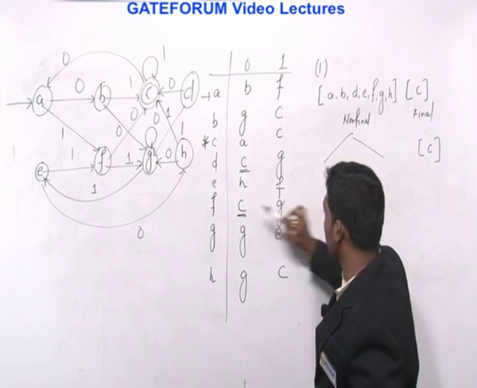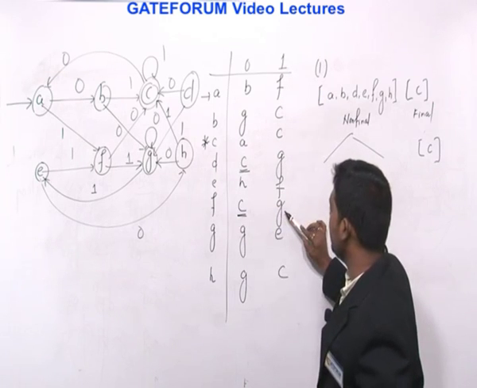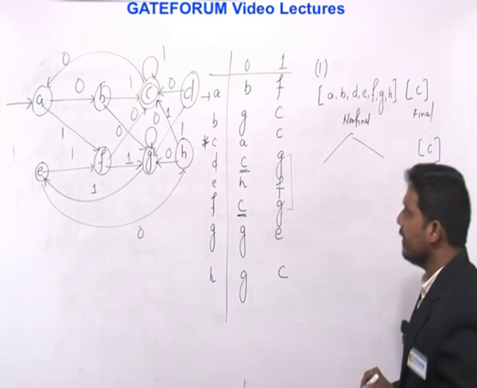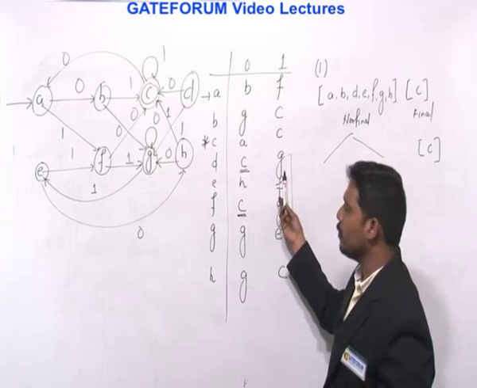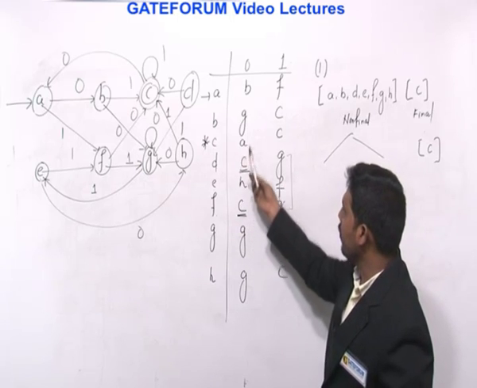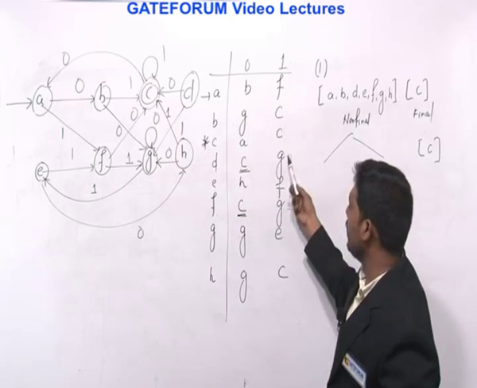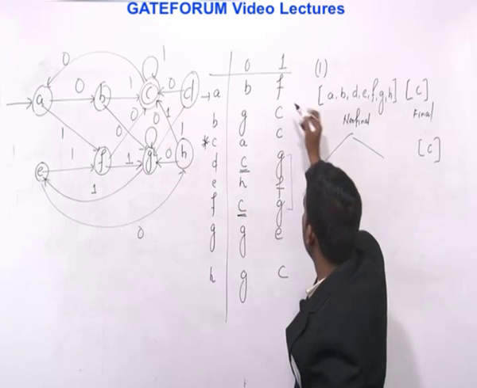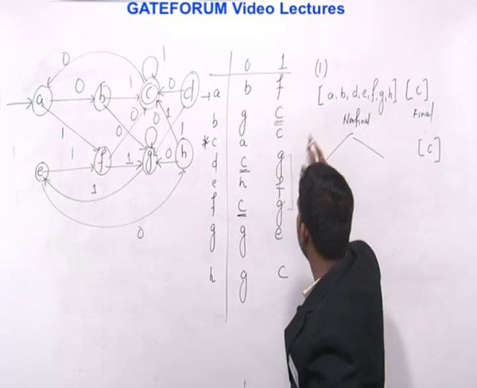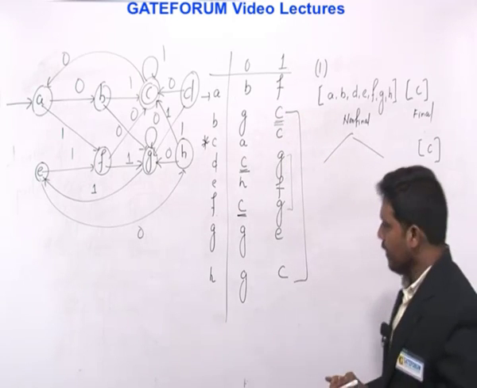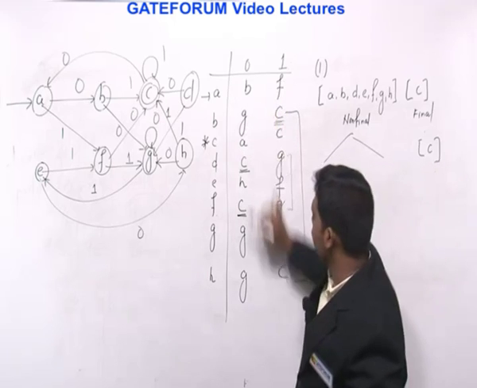F on input 1 also goes to state G. So these two, D and F, are the category where on input 0 it goes to final, and on input 1 to non-final. Again you find C in the one column, B and H, and on input 0 both go to G and G.